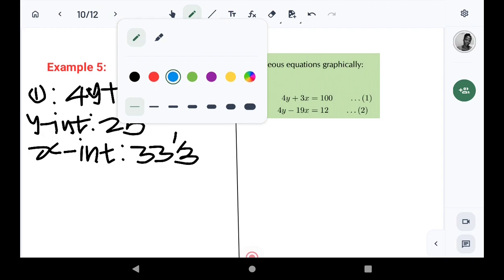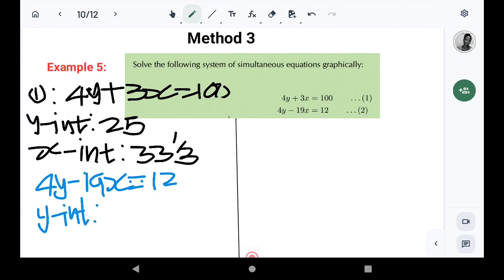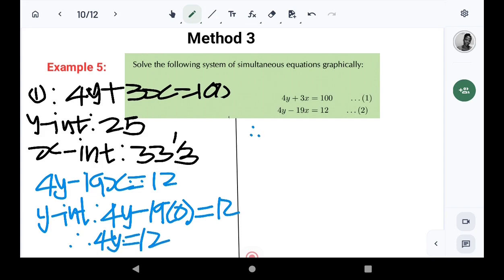All right, second equation, 4y minus 19x equals 12. All right, for the y-intercept, we make x 0. So 4y minus 19 times 0 equals 12. Meaning therefore 4y equals 12. Therefore, divide both sides by 4. Y equals 12 over 4 equals 3. That's the y-intercept.